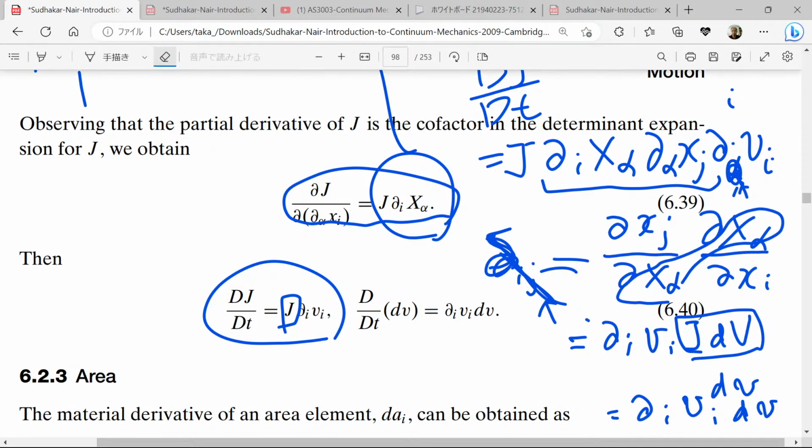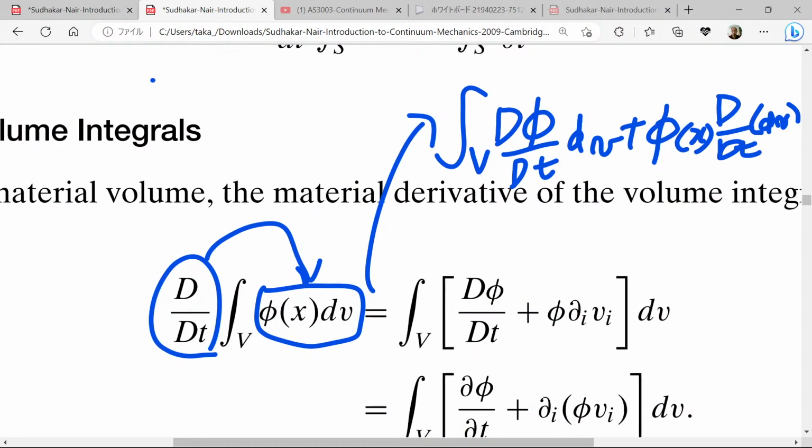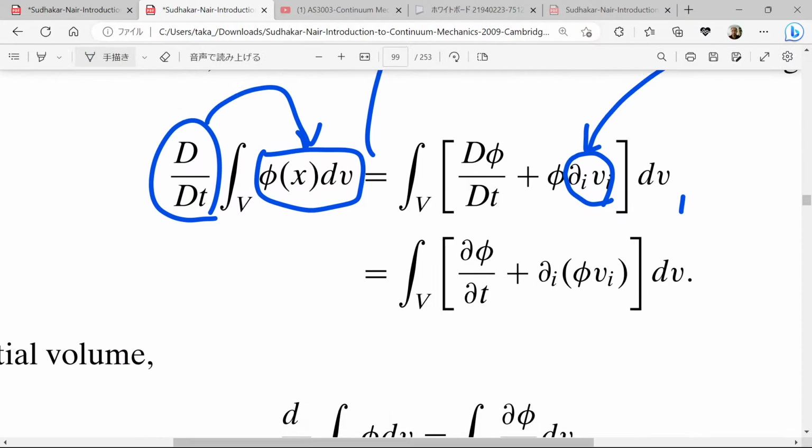So now we have this. That's why we have this. This part becomes this, right? Then the strange thing is the total derivative has now become a partial derivative.